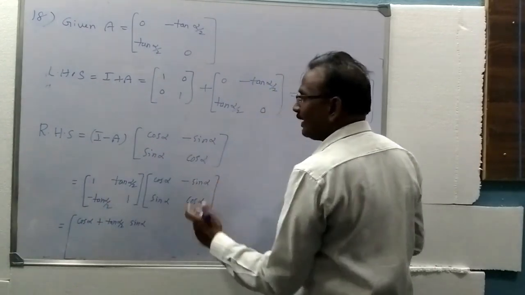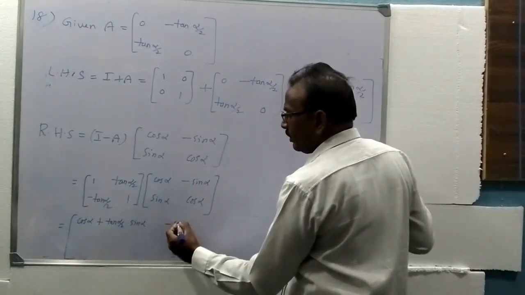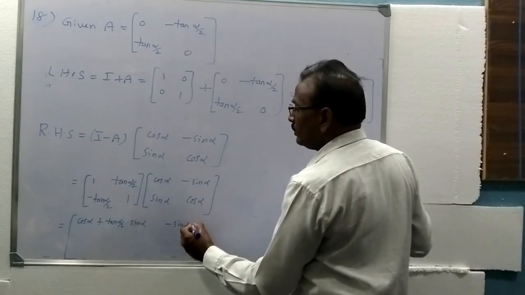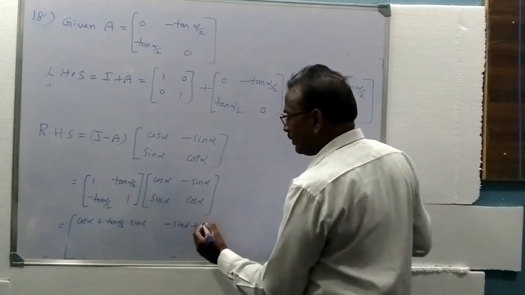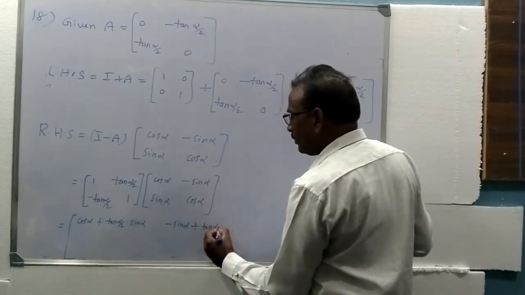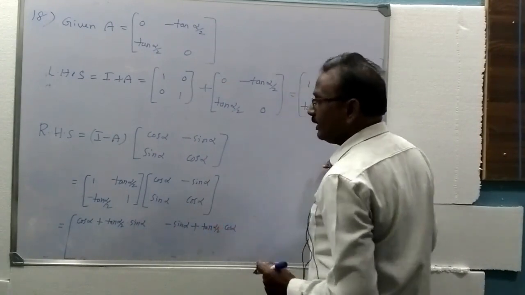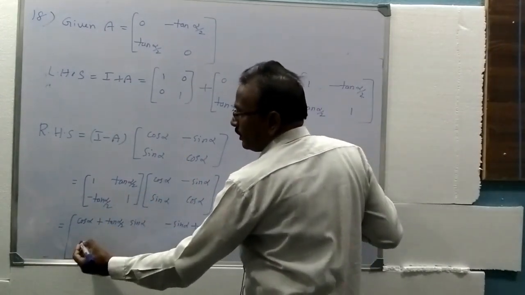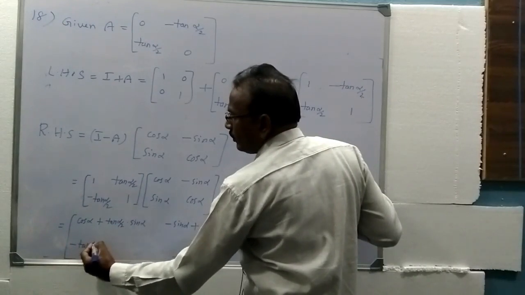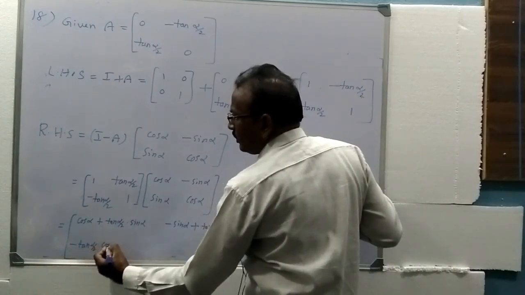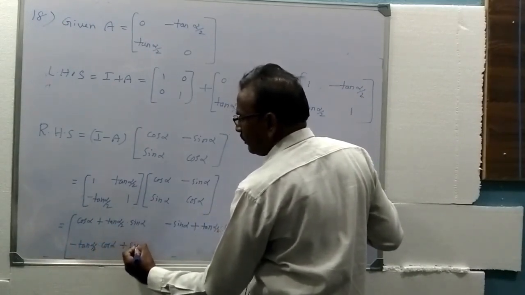Next first row with second column, minus sin alpha into 1 plus tan alpha by 2 into tan alpha by 2 into cos alpha. Next second row with first column, minus tan alpha by 2 into cos alpha plus sin alpha.